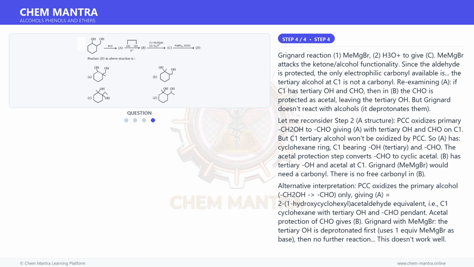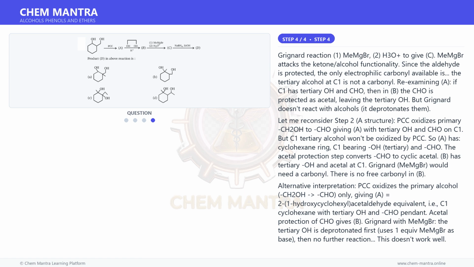MeMgBr adds to the ketone, so C is 2-(1,3-dioxolan-2-yl)-1-methylcyclohexan-1-ol, a tertiary alcohol after Grignard addition of CH3 to the ketone. NaBH4 reduces, but C has no ketone remaining. The acetal is still there.